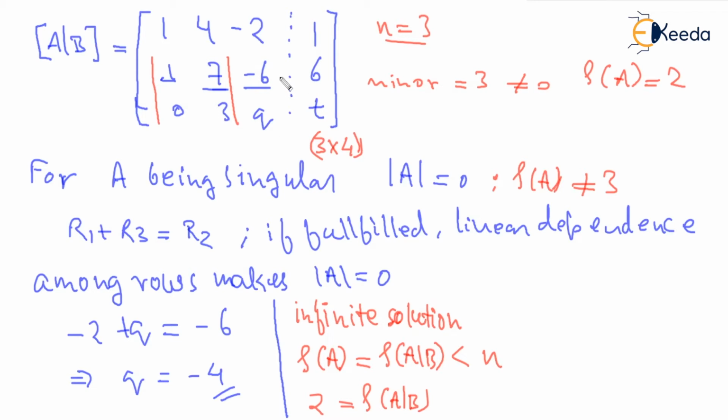So if we can make that possibility, we can say that the entire 3 cross 4 matrix has linear dependence and its rank is going to be less than 3.